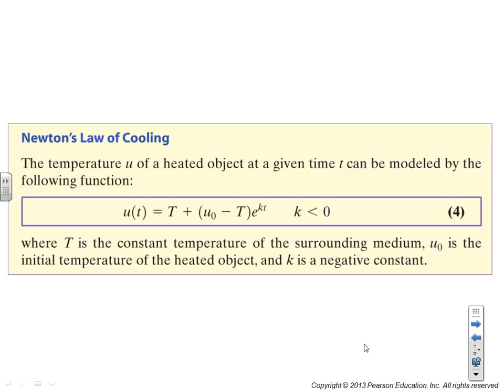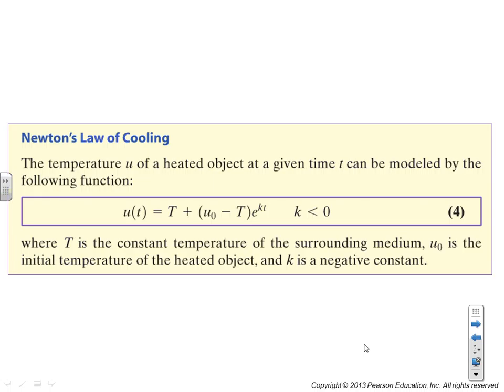U of t, so this is the temperature U, equals T plus (U sub 0 minus T) times e to the kt, where k is less than 0. If we're cooling, we want our temperature to decrease, so that's why this is in the decay part. Where T is the constant temperature of the surrounding medium, U sub 0 is the initial temperature, and k is a negative constant.